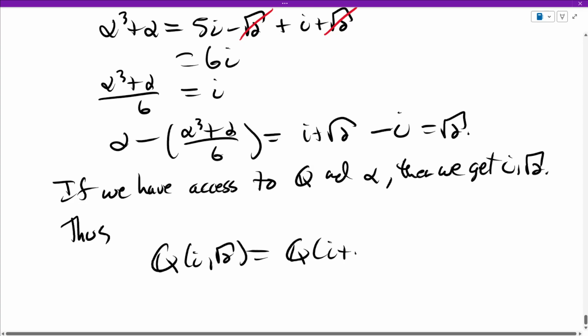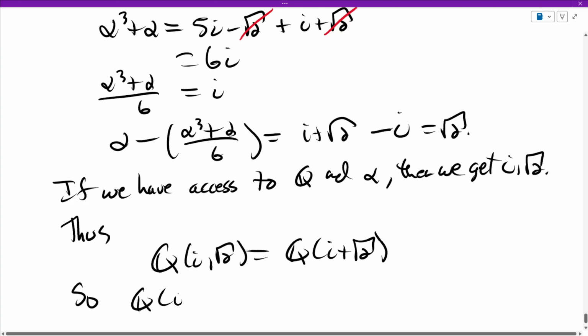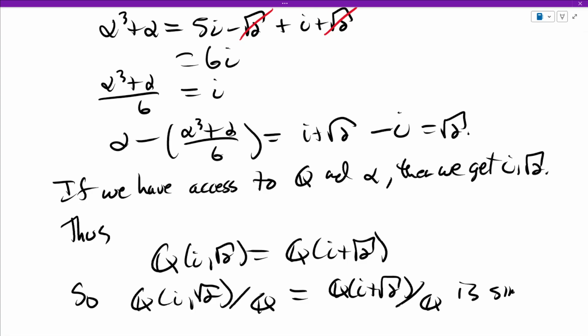And that alpha was i plus root 2. So this extension is actually simple. Although it was not presented as such, that's okay. The extension itself was simple. It's just equal to this extension, Q adjoin i plus root 2 over Q, which is simple.